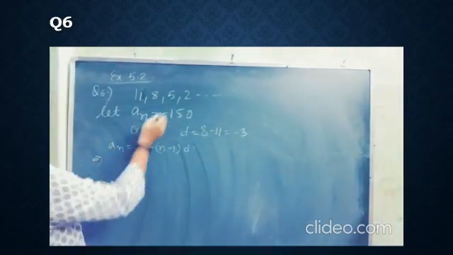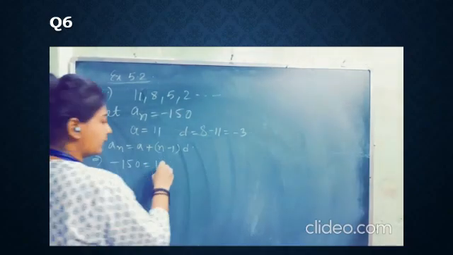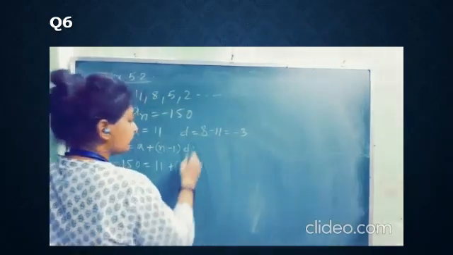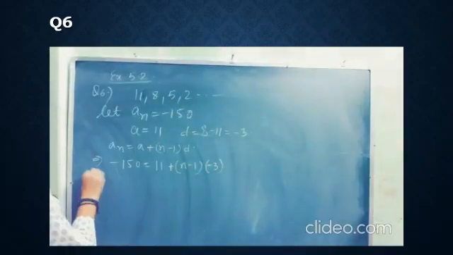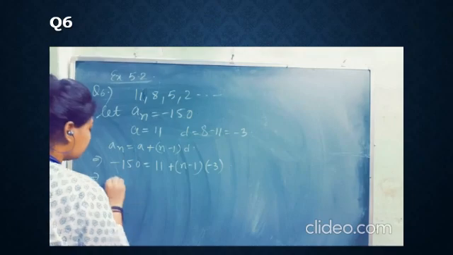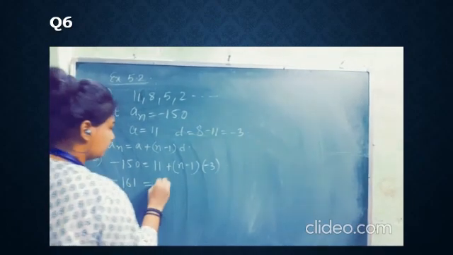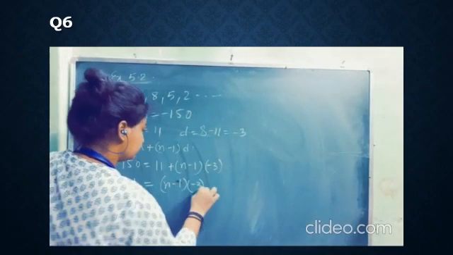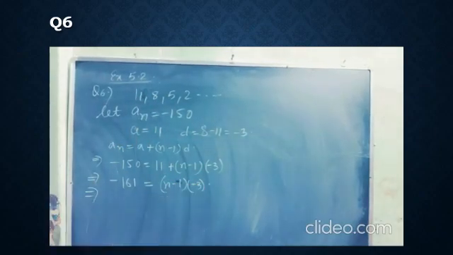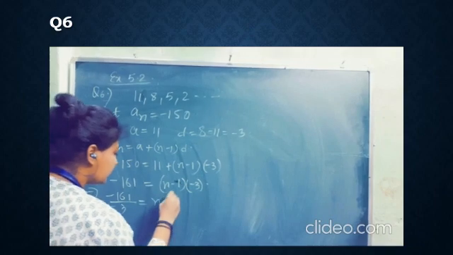an equals a plus (n minus 1) into d. In place of an, I can write minus 150. In place of a, I can write 11. In place of d, I can write minus 3. This is in multiplication, so when it goes on the other side, it would be divided. Minus 161 upon minus 3 is n minus 1.